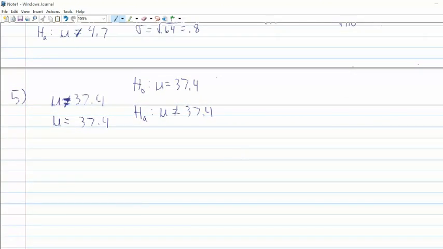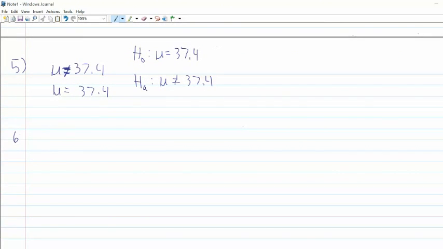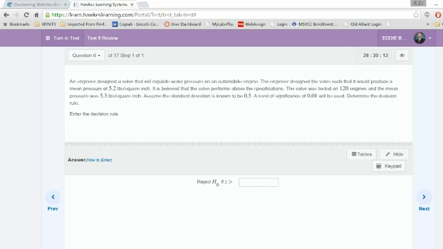So what we need to do is first state the null and alternate hypothesis. So this problem says, an engineer designed a valve that will regulate water pressure on an automobile engine. The engineer designed the valve such that it would produce a mean pressure of 5.2 pounds per square inch.